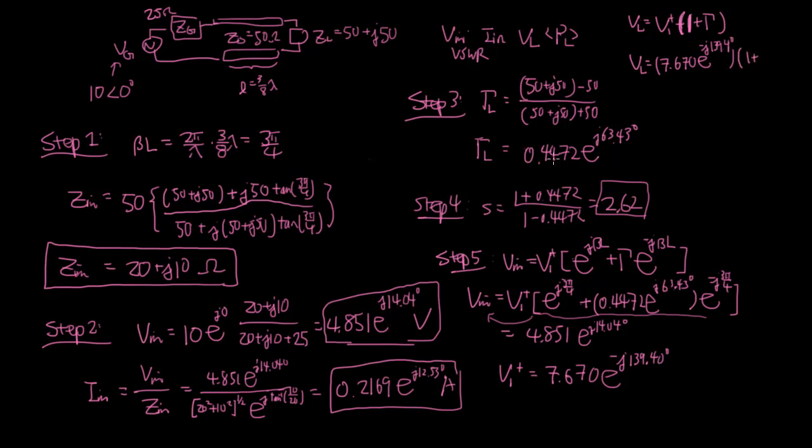And then 1 plus gamma is 0.4472 e to the j 63 degrees. If we do a bunch of cleaning up, you'll find that VL is going to be equal to 9.701 e to the minus j 120.97 degrees.